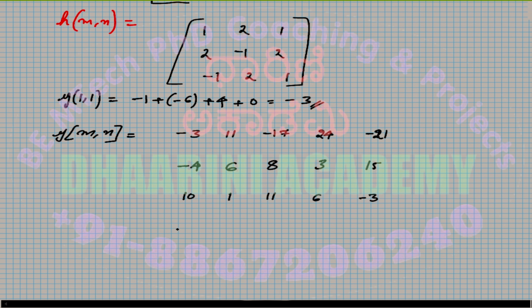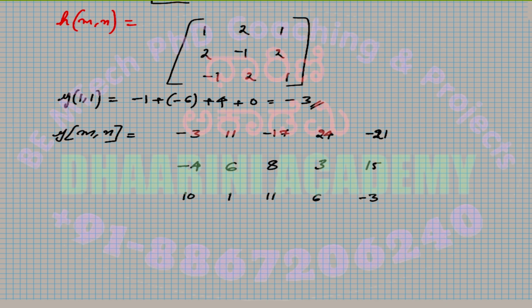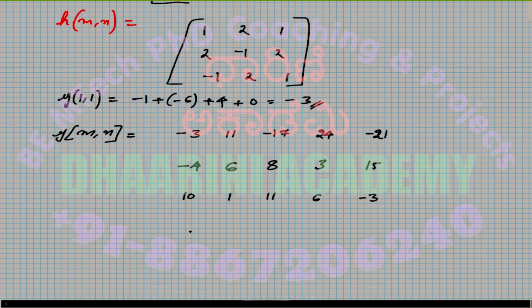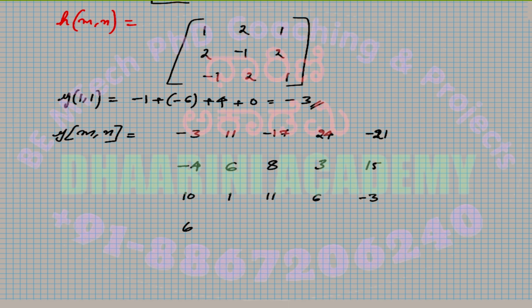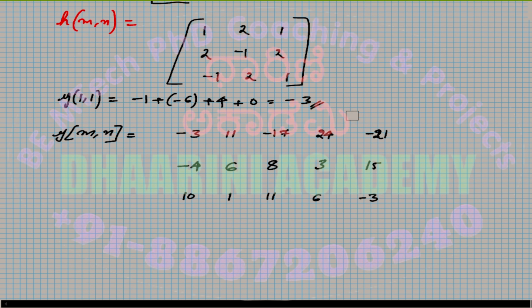Okay, y of 4 comma 1. 4 comma 1 is it 6? Okay, minus 1. All right. This is minus 1, then I think 6, right?